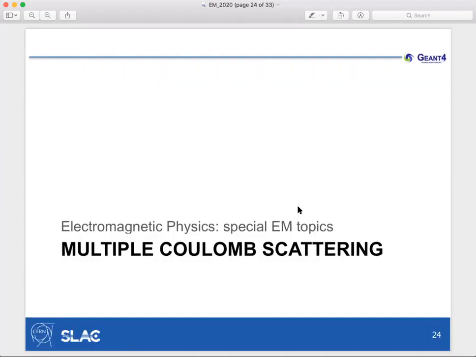And the last topic that I would like to mention, very quickly, because it would require a couple of hours to discuss in more detail, is the description of multiple Coulomb scattering, which goes beyond this secondary electron production threshold. However, the concept of introducing some threshold is quite similar.